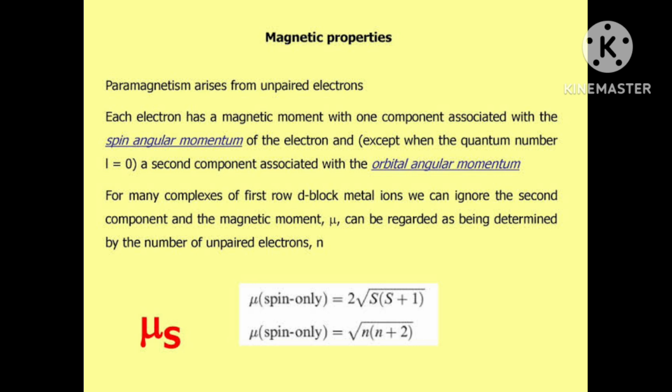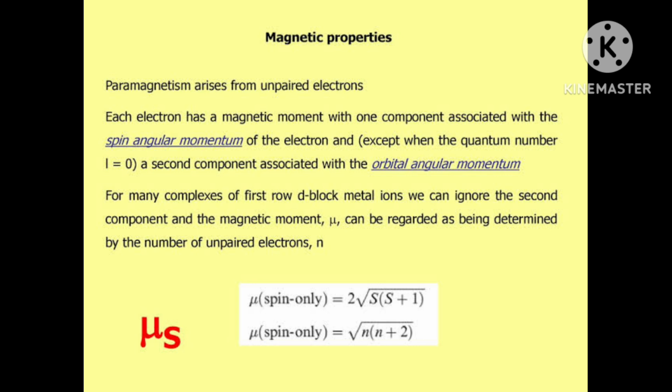When more than 3 d electrons are present, the required pair of 3d orbitals for octahedral hybridization is not directly available as a consequence of Hund's rule. Again you listen.